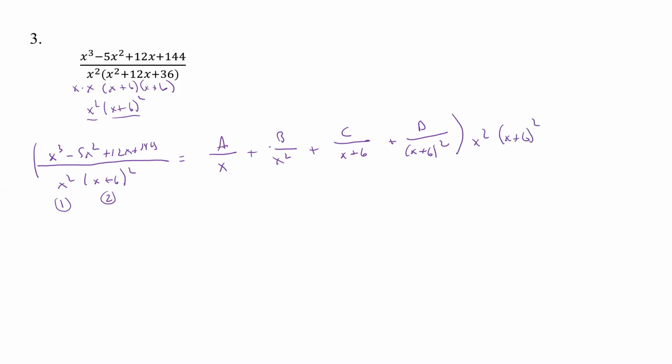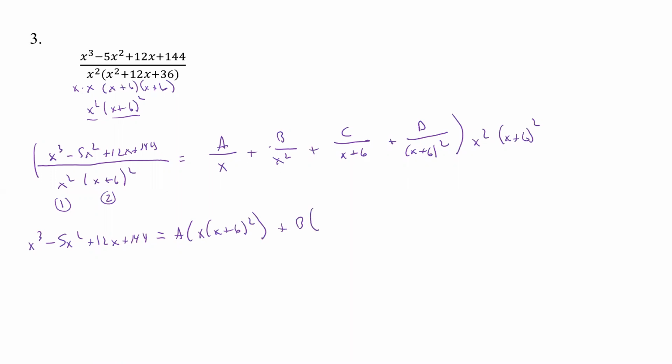As you can see, this one's going to be a little bit longer, and I probably didn't give myself enough room on this one. So we'll have to go out and make another page. When we multiply that times that, that gives us x cubed minus 5x squared plus 12x plus 144 equals. Now 1 x cancels out of here, so we have a times x times x plus 6 squared, plus b times what?